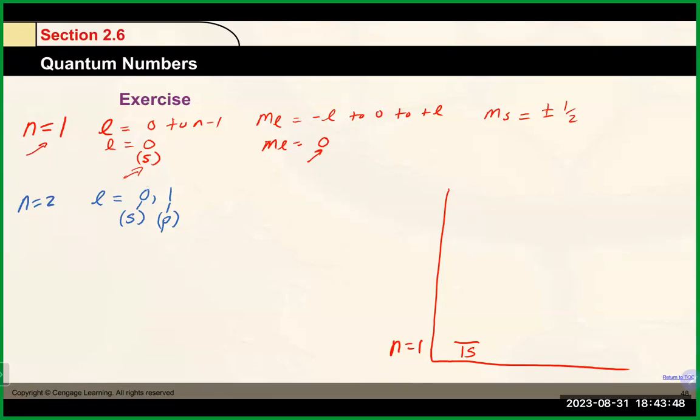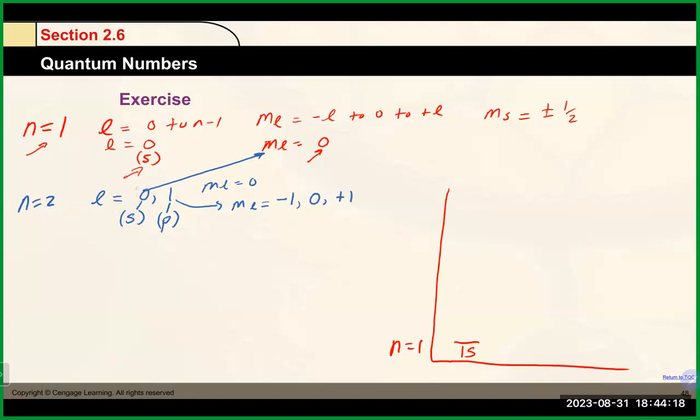So if we do the m sub L value for 0, it's going to end up the same as above, so we will have an m sub L equal to 0. Now, if we do the m sub L value for the 1, it could run from negative L to 0 to positive L, which means in this case it would run from negative 1 to 0 to positive 1.